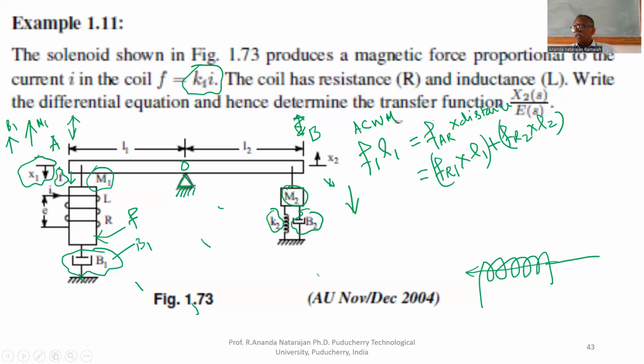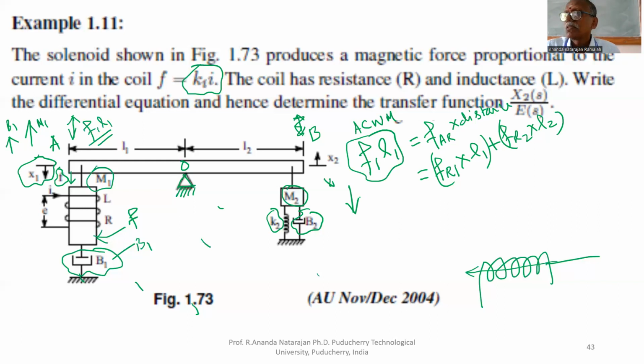If you convert this into moment, we have force multiplied by distance. Anti-clockwise moment: the force is at this end at a distance of L1, so the moment equals F1 L1. Clockwise moment is developed at this end as well as that end. This end, because of M1 and B1, should be multiplied by L1. That end, M2, B2, K2, should be multiplied by L2.